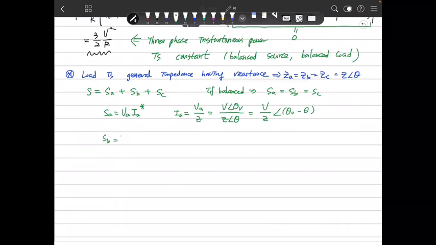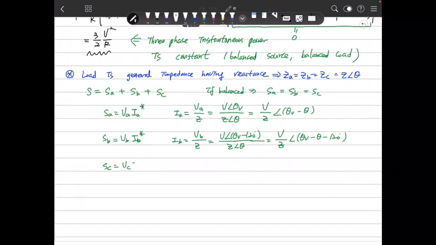How about SB? This will be VB IB conjugate. Then IB will be VB divided by Z. There will be V at angle theta V minus 120 degree, and Z at angle theta. There will be magnitude V over Z, and angle theta V minus theta minus 120 degree.